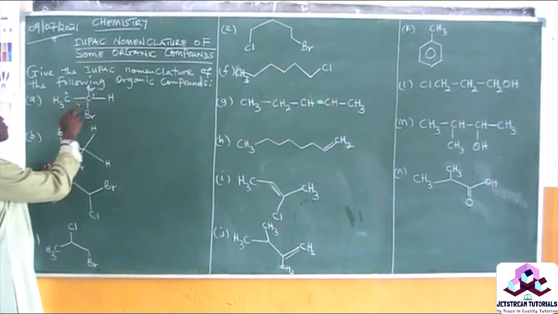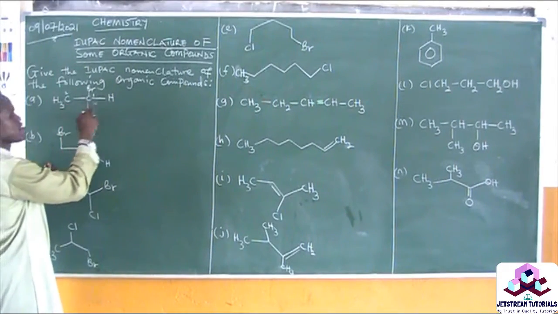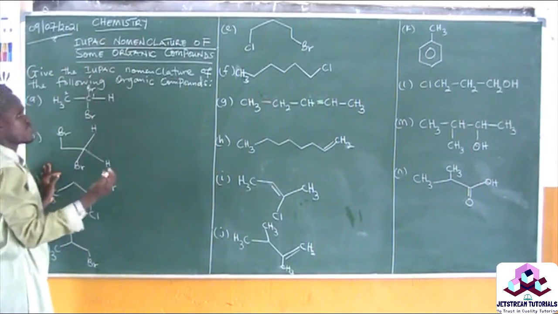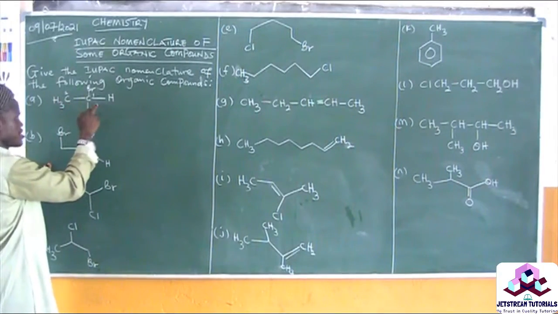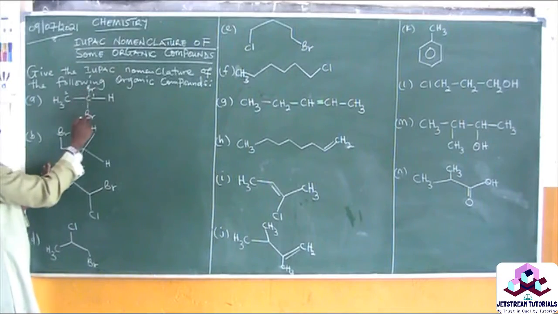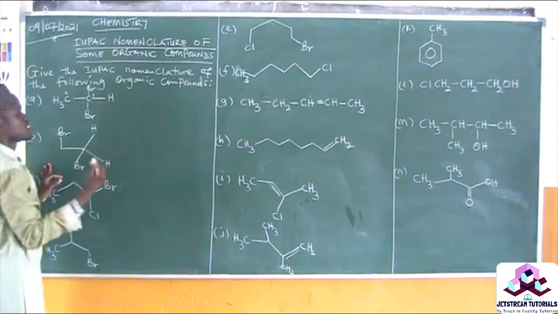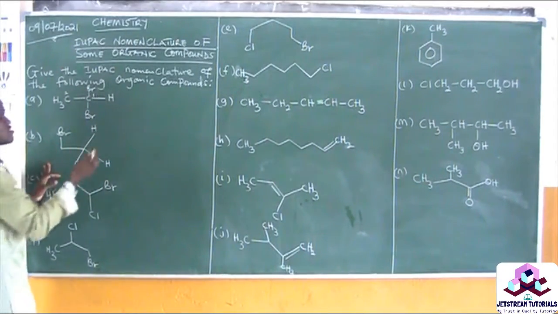So the parent name here is, since we have 2 carbons, eth, in that case, ethane. Okay? So we have 1,1-dibromoethane. Is that okay?